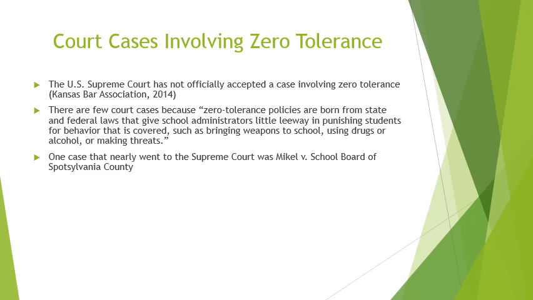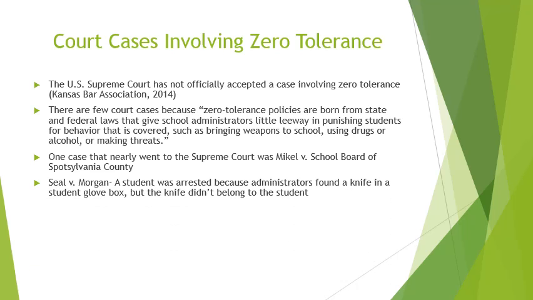In Michael versus the School Board of Spotsylvania County, a freshman high school boy was charged with shooting small plastic pellets at a few students with an emptied-out pen. Students were not injured, and the student was said to be messing around during a break. In another case, Steele versus Morgan, a student was arrested because administrators found a knife in the student's glove box, but the knife didn't belong to the student.